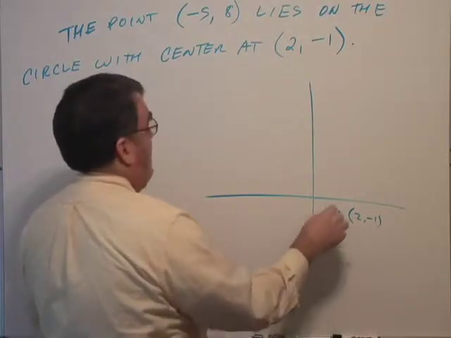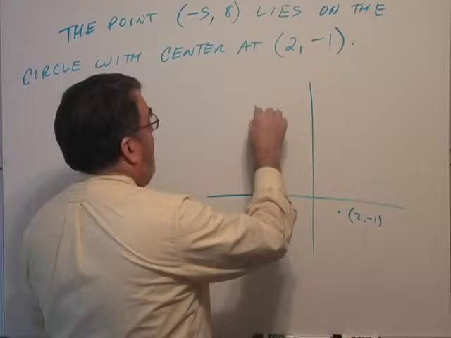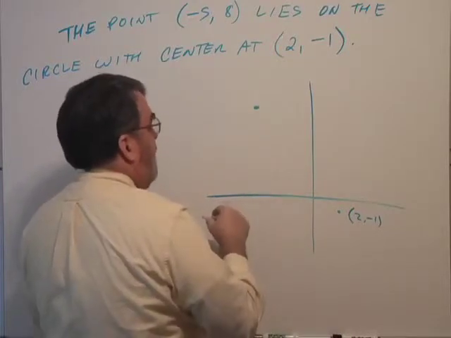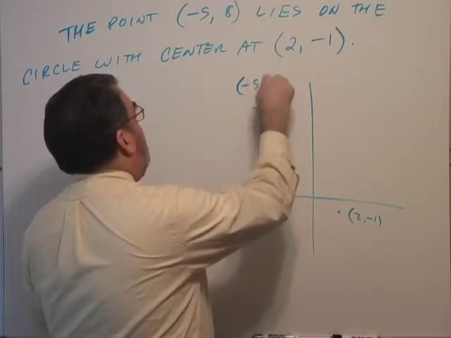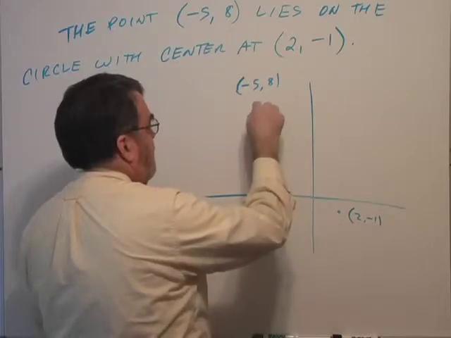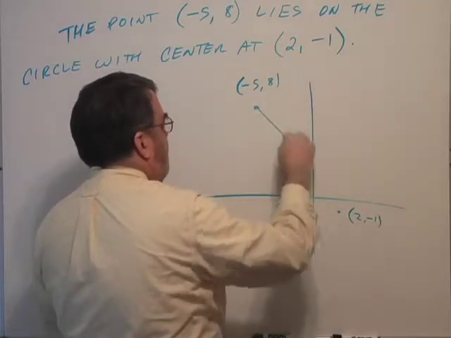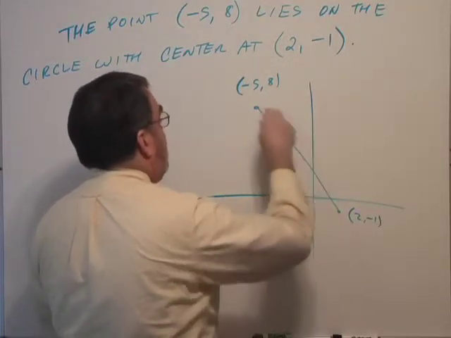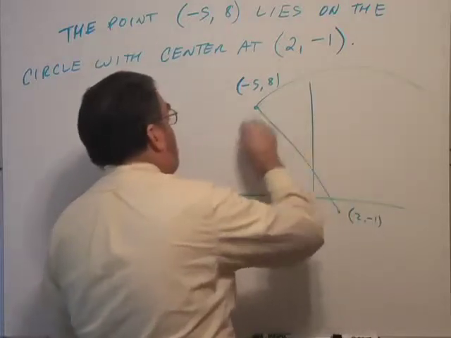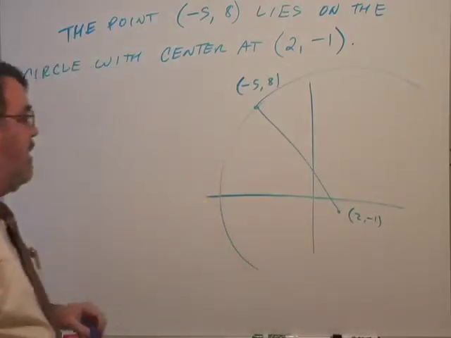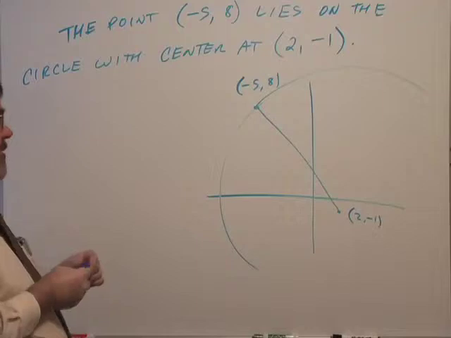And the point is at -5, 8, which is, we'll say, up here. That's just a rough sketch. This one is the center, so the circle radiates out this way. All right, you get the idea, hopefully.